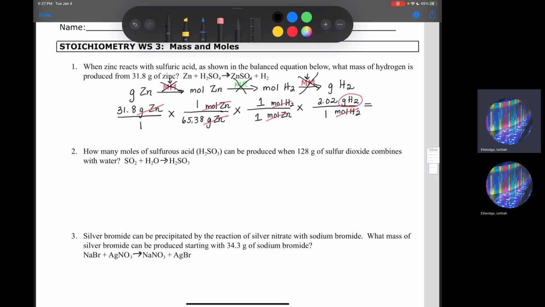And I am going to end up with a final answer of 0.98, and that is mole. Hold on. See, that's why your units are going to be so important to this. Your units are going to be gram of hydrogen. Okay, and that is your answer to problem 1. So hopefully that was helpful.